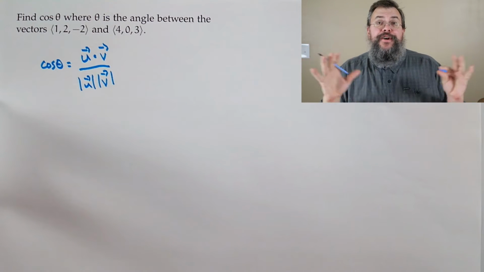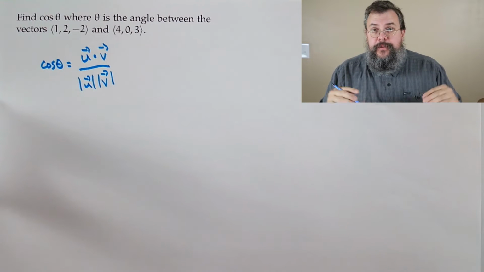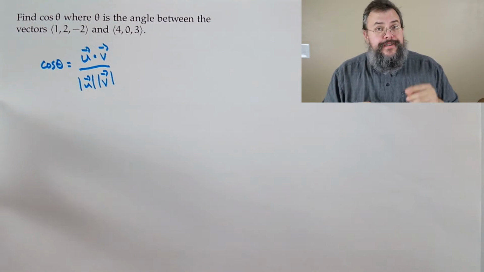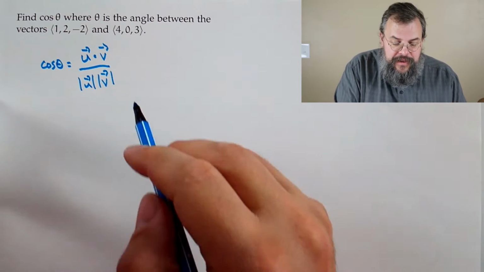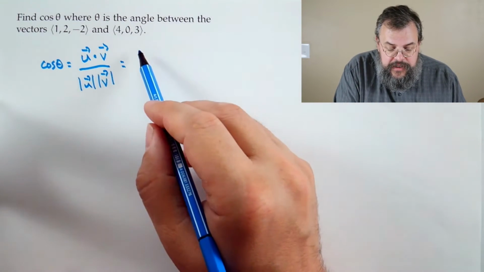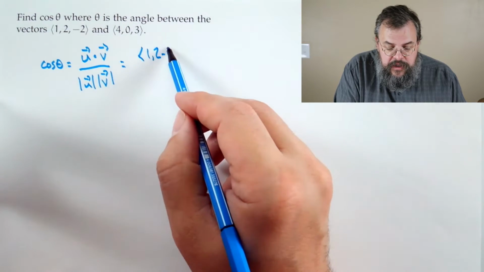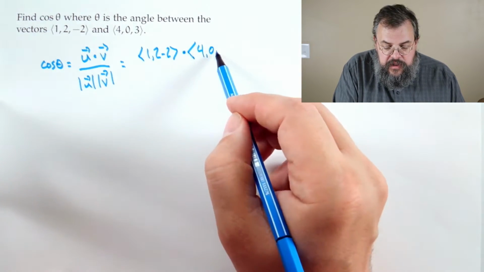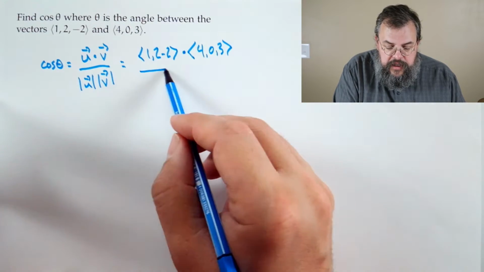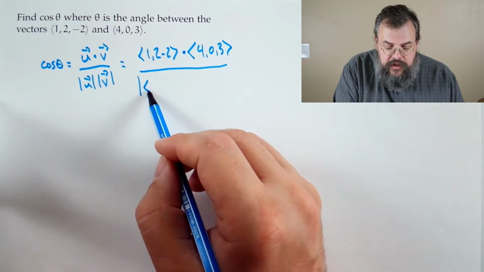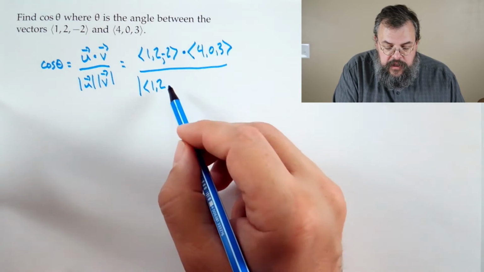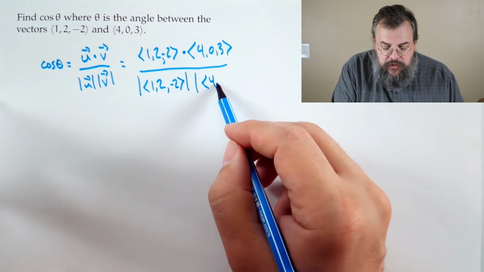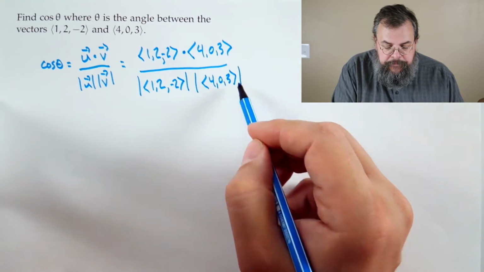See, dot product is a beautiful thing. Works in 3 dimensions, 2 dimensions, 18 dimensions. You pick a number of dimensions, it works there. So we take our 2 vectors, (1, 2, -2) dot (4, 0, 3), and then we divide by the magnitude of (1, 2, -2) and the magnitude of (4, 0, 3).